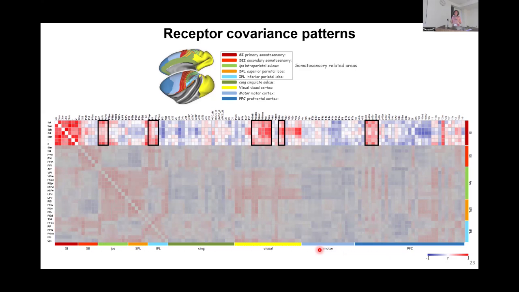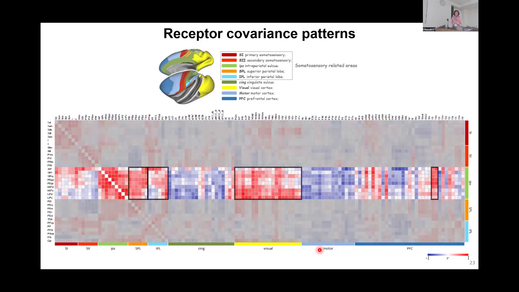Okay, so for example, all the primary S1 areas showed consistent correlations with the secondary somatosensory cortex, with the anterior intraparietal sulcal areas and with higher visual areas, as well as with the anterior part of lateral prefrontal area 46.